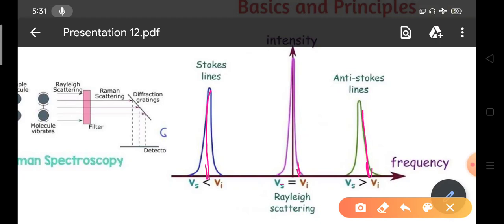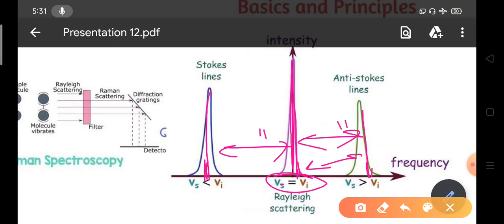If you take the middle line, it has the same frequency as the incident one, but there are some shifted lines, and the shifting is the same on both sides. So the amount of shifting is the same, on the left hand side and on the right hand side of the Rayleigh scattering, and these lines are the Raman lines because these are shifted lines.